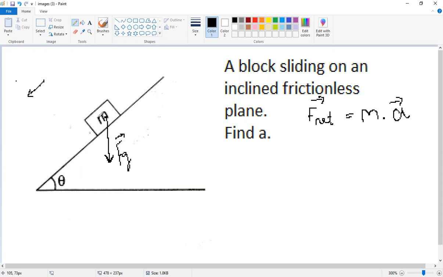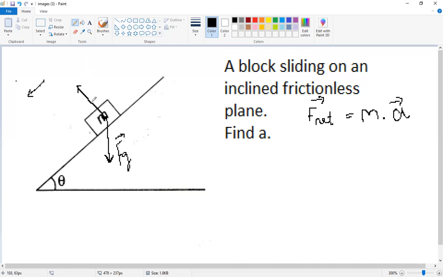Now the other force that is acting on the system is the normal force, of course. Why? Because the normal force is the force exerted by this surface. The block is placed on this surface, and any surface exerts a normal force which is perpendicular.